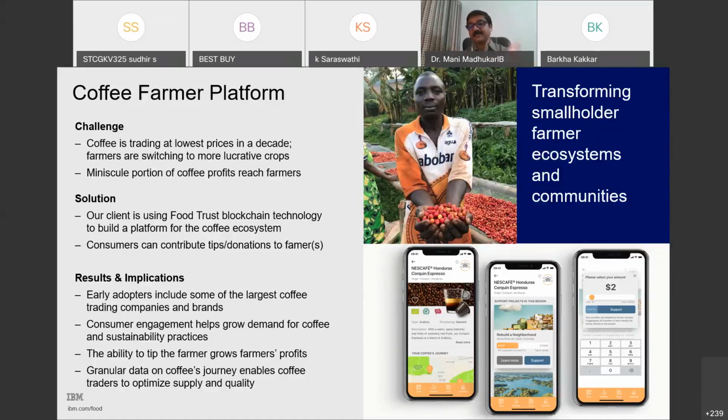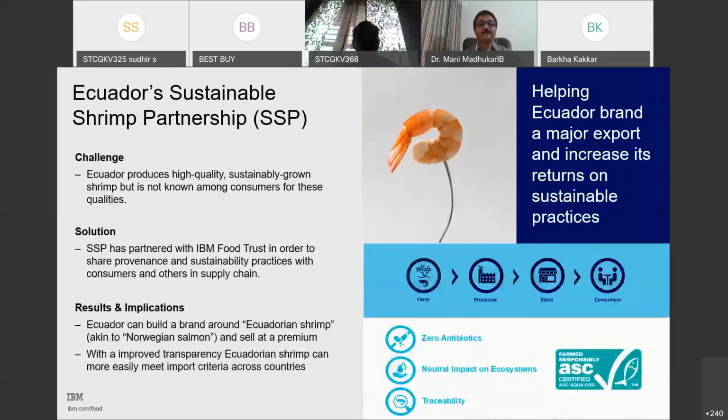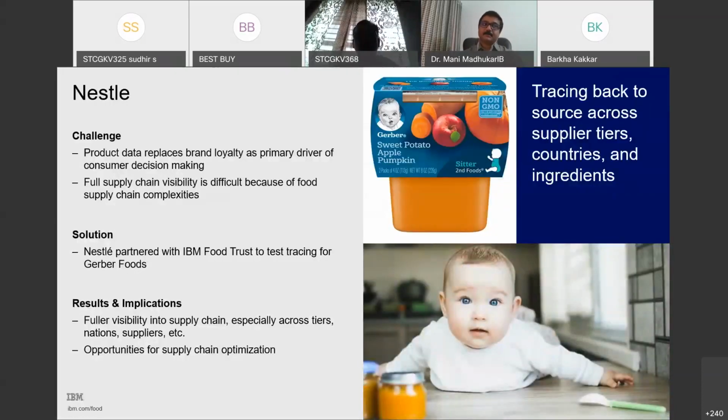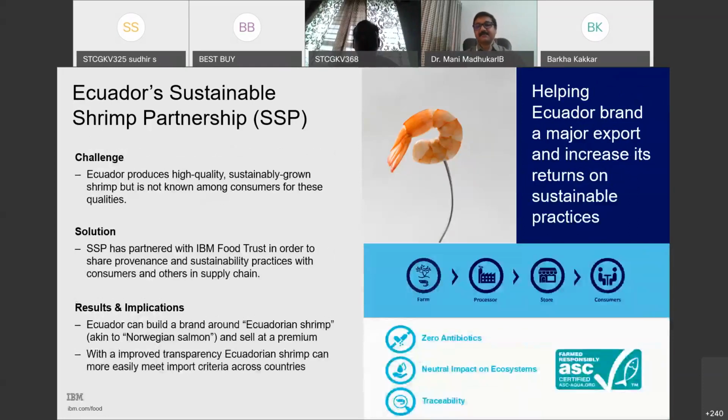It took almost weeks for them to have that entire trail identified. Compared to that, with a Food Trust based supply chain, it takes a few seconds, maybe a minute, to identify one particular batch, where it is, right?